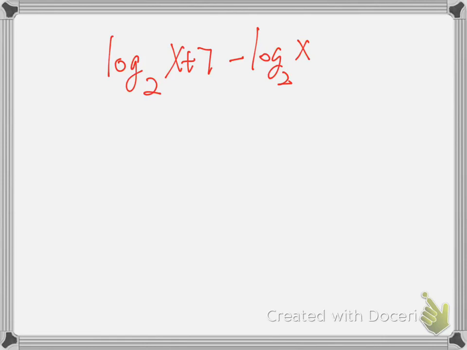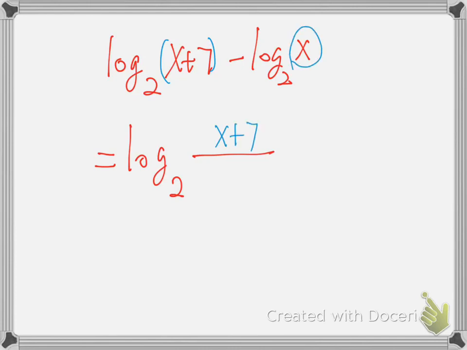It's a subtraction, so we know the quotient rule. The first part, x plus 7, is the numerator, so we get x plus 7 on top. And then this is the denominator, x. So we combined two logs into one log form. So the answer is log 2 of x plus 7 over x.